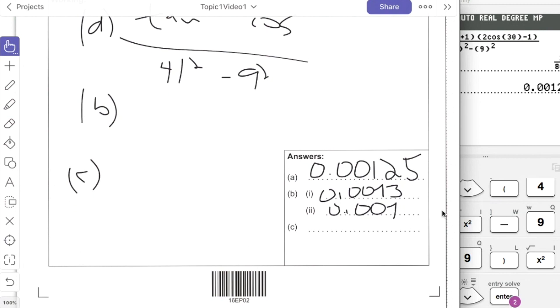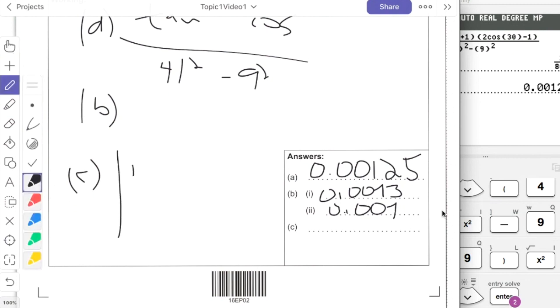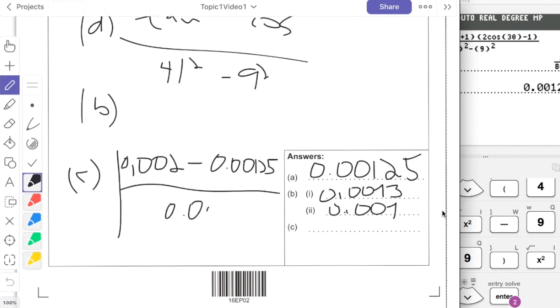So my input is going to be 0.002 minus the exact value. Oh, there it is to the right. 0.00125. And then I'm going to divide by the exact value, 0.00125. And I'm going to close that and multiply by 100%, to get my percentage error.